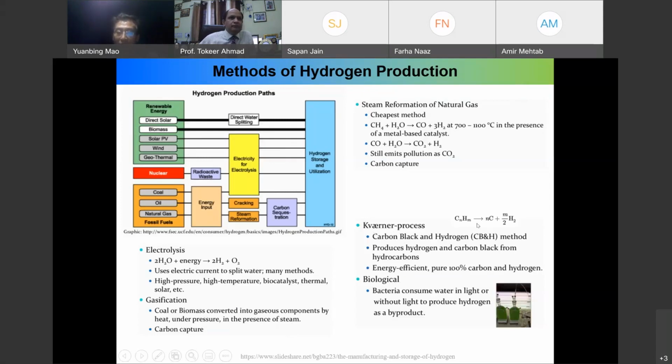Basically, we have biomass converted directly into carbon black and hydrogen, from the carbohydrates, and it is energy efficient, giving pure carbon and hydrogen. Of course, it also needs a high energy input. Then there are biological processes as well. Some bacteria can consume water in the night, or without light, to produce hydrogen as a byproduct. So those are the other ways.